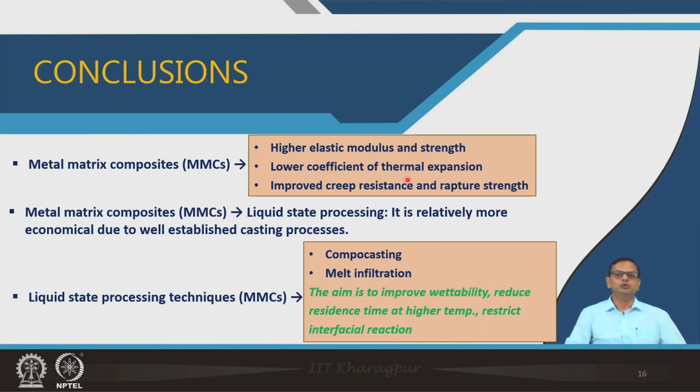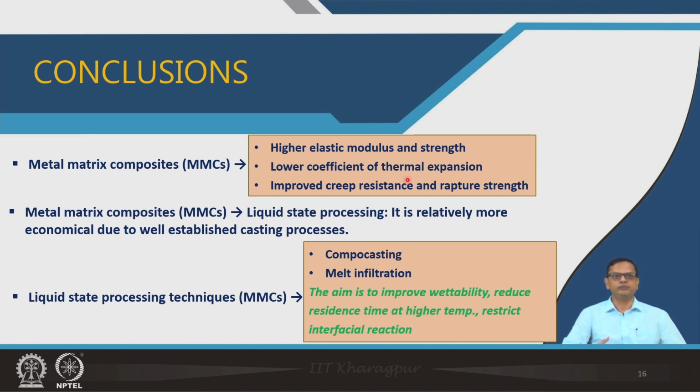So, with that information, I would like to conclude today's class. In today's class we talked about metal matrix composites. They show very high elastic modulus and strength compared to their metal or alloy counterpart. The coefficient of thermal expansion is low. They show improved creep resistance and rupture strength, which means high temperature properties are better.